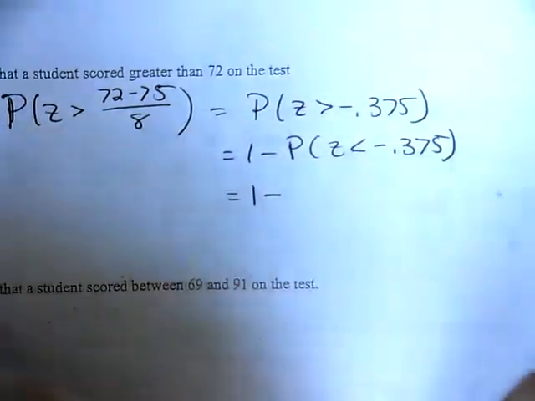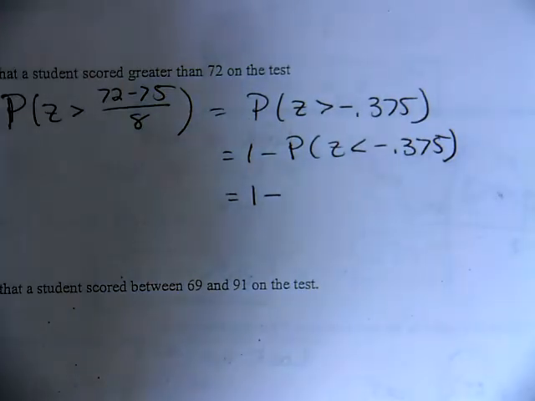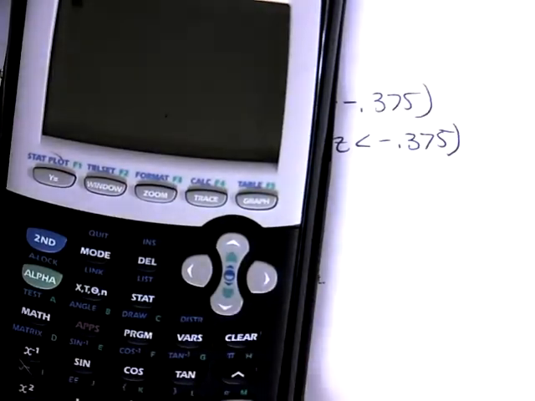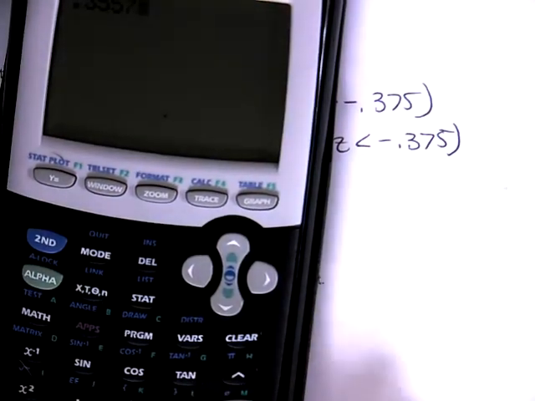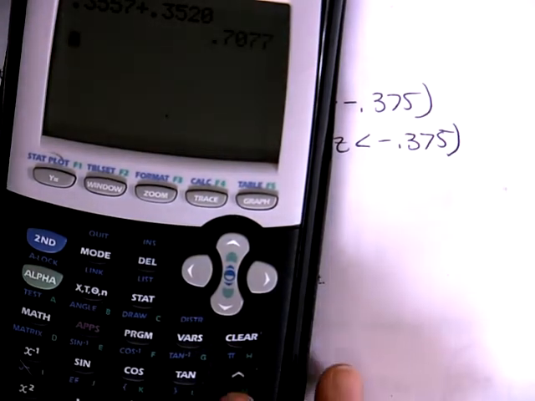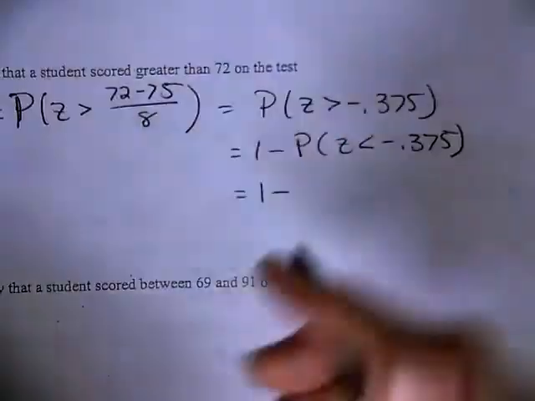So I'm going to do 1 minus, I'm going to go to negative 0.37 and negative 0.38. 0.3557, 0.3520, so 0.3539.